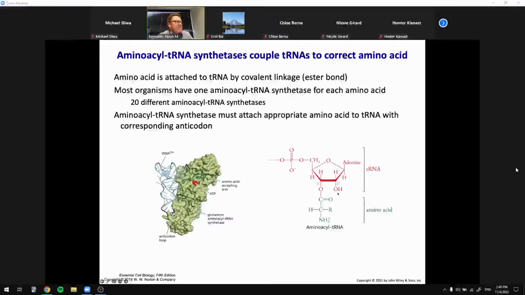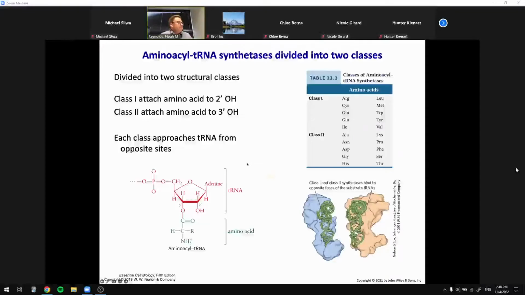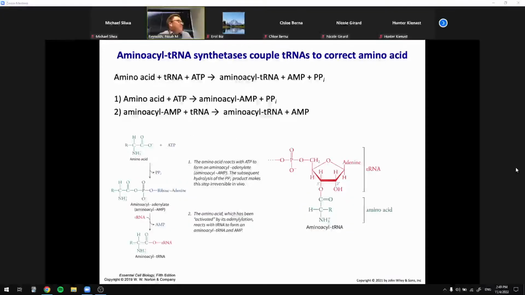And remember, it does this as it forms this ester linkage. And it does this reaction, forming that ester linkage, in 2 steps. And so in the first step, it takes the amino acid and ATP, and it makes this aminoacyl adenylate.